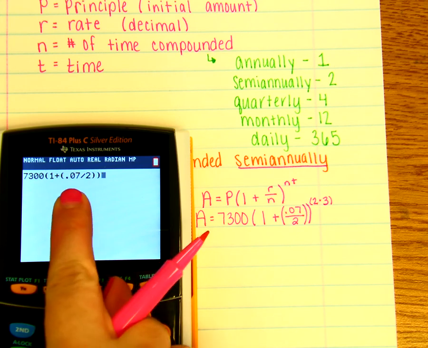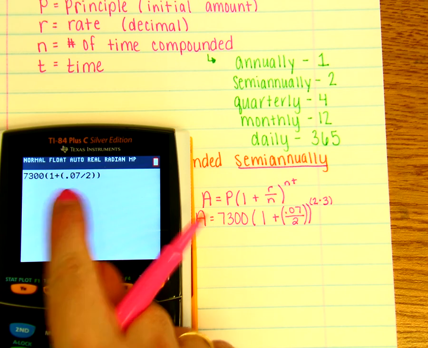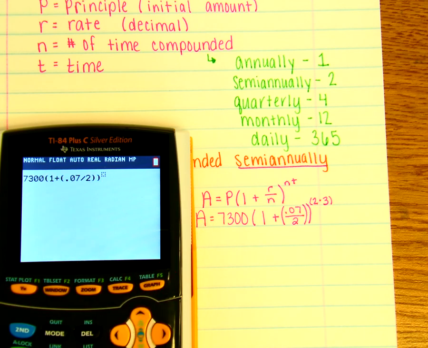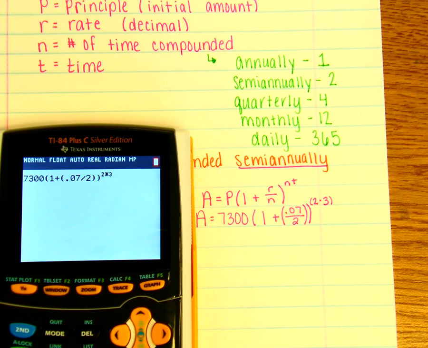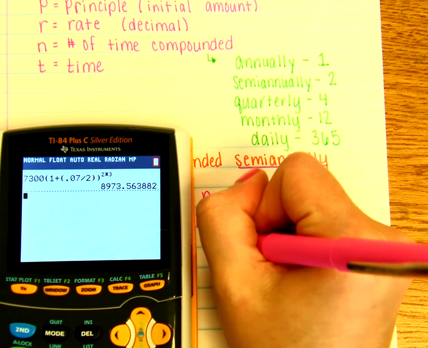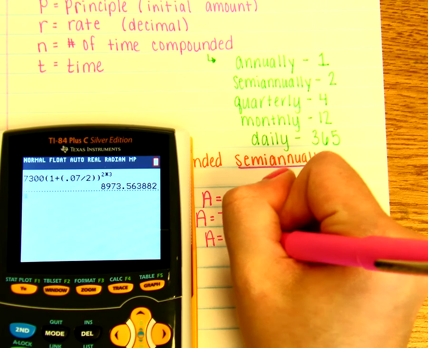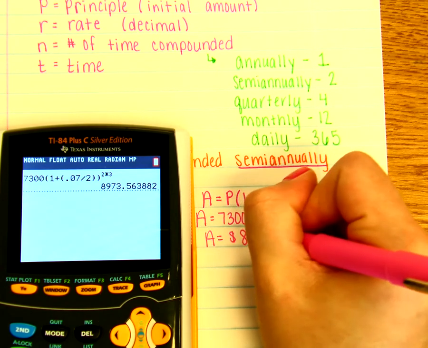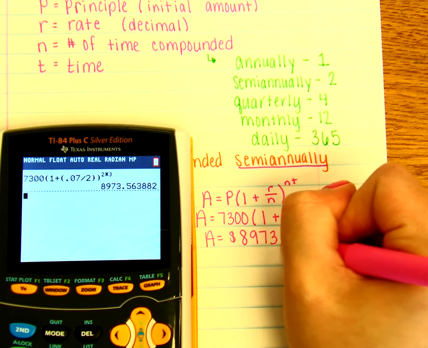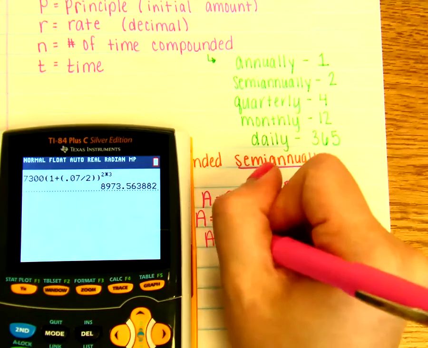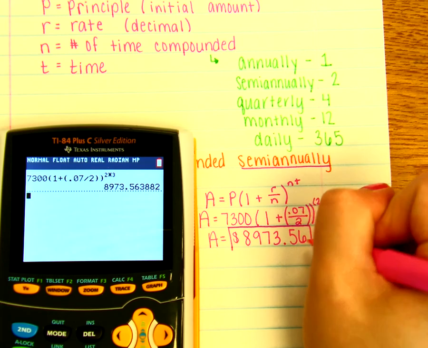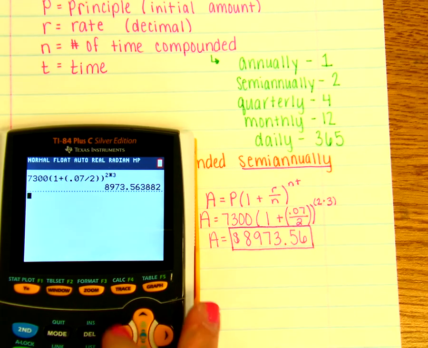You can see I put that little fraction in its own parentheses. You could either write the exponent as 2 times 3 as long as they stay as exponents, or just put it in a parenthesis. Hit enter. And we get that A equals, and this is money, so put a $ sign, 8973.56. Whenever we're talking about money, we want 2 decimal places. And so that would be our answer.